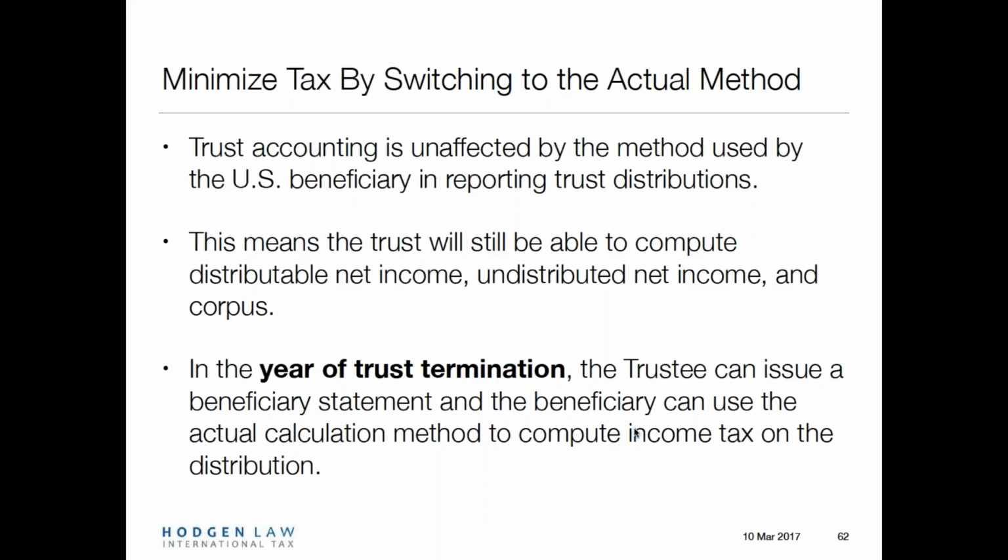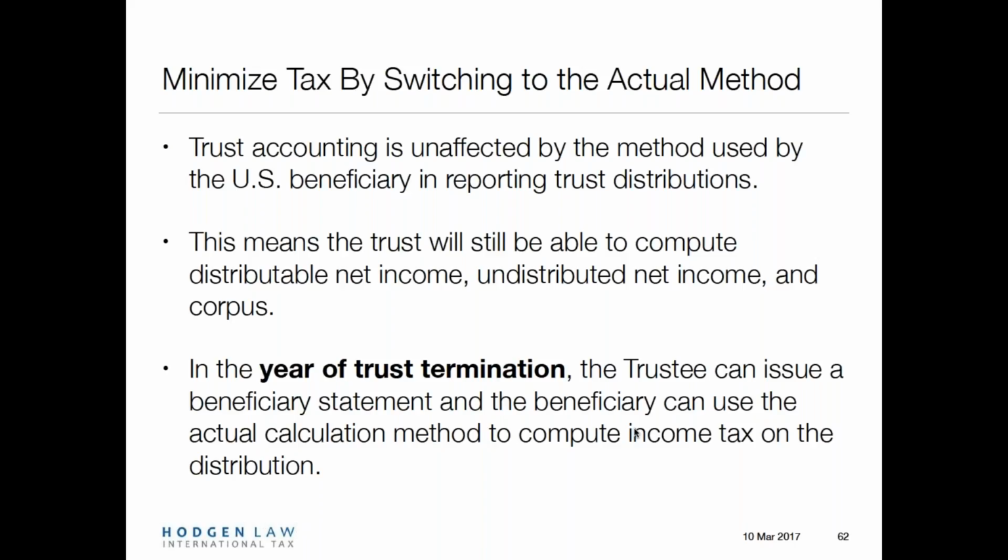So the trust can be happily doing all of its accounting with distributable net income, undistributed net income, corpus and all of that fun stuff, and have bulletproof accounting at the trust level. And the beneficiary can be reporting using the actual method, the default method, or anything. It doesn't matter.